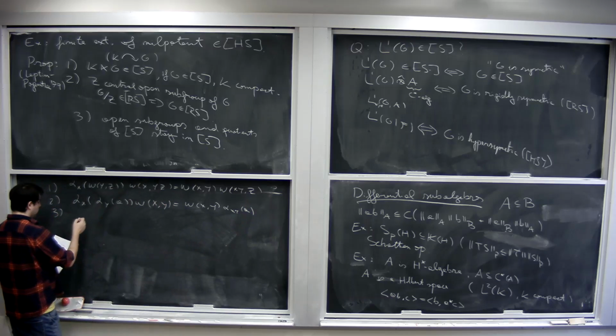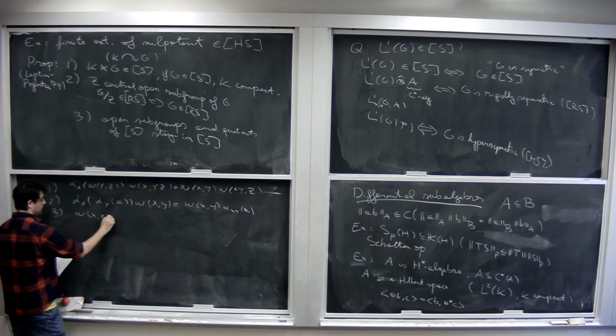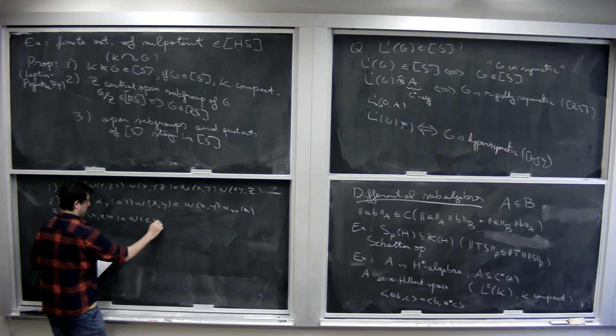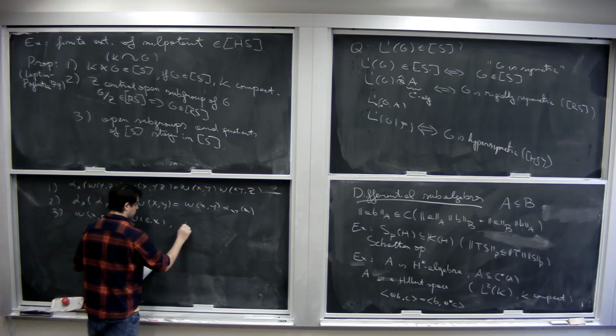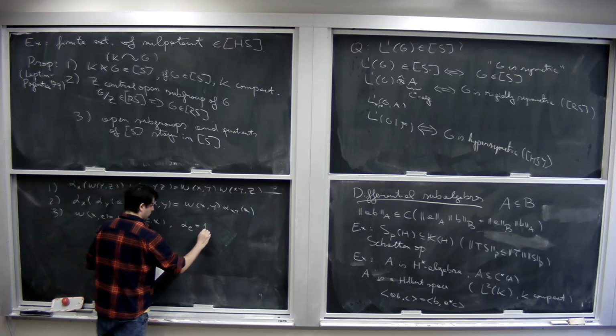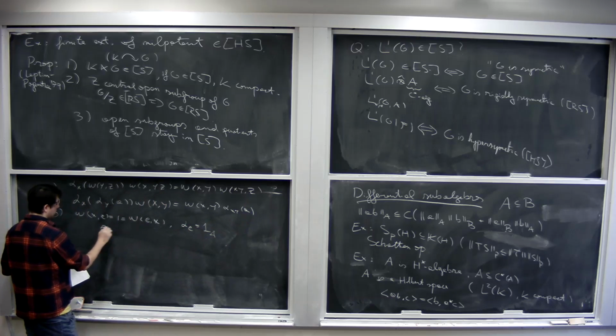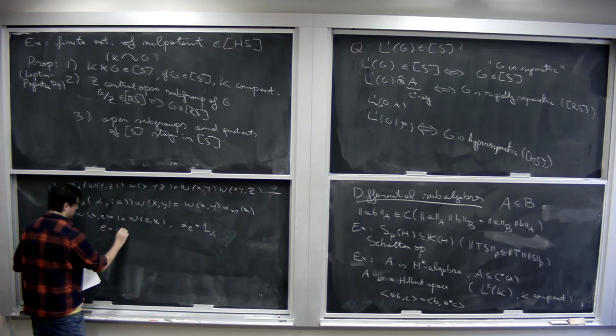And the cocycle is trivial whenever I evaluate it on the identity elements. e is the identity element.